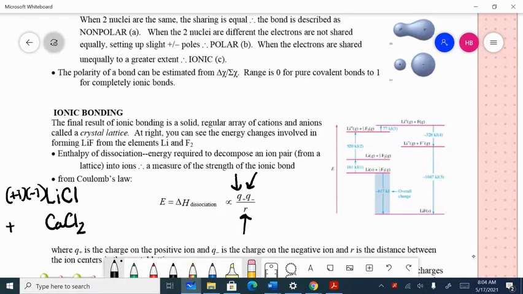Here we have +2 times -1 for 2. So because of the fact that these have larger ions, you would say the lattice energy for calcium chloride is greater. So always compare the charge first.